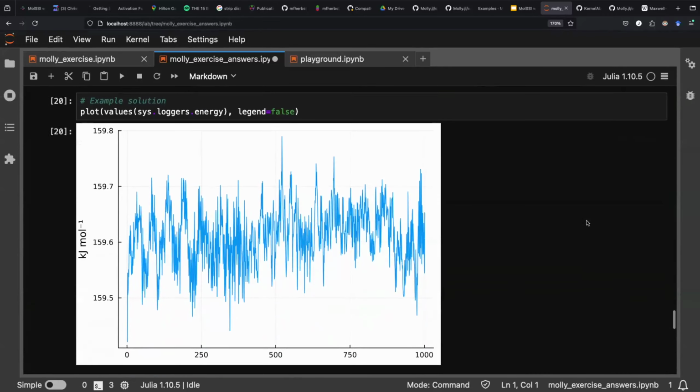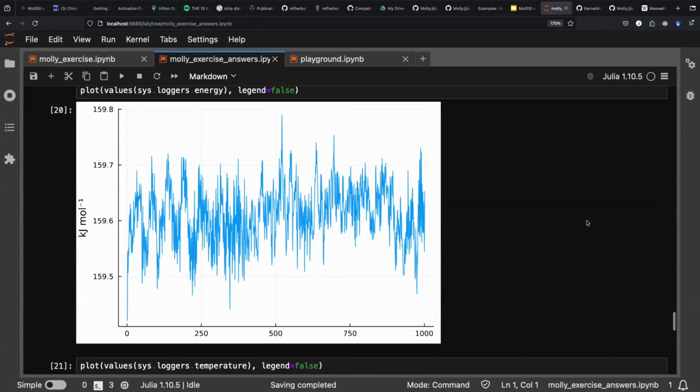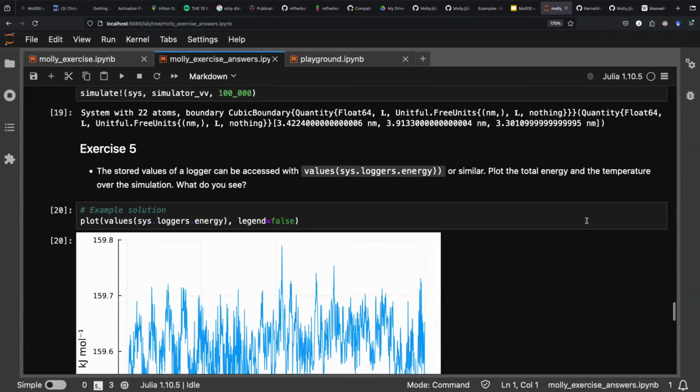So why would we expect this to be fluctuating around a fairly constant value? Not quite, no. It actually relates to your question from earlier about the ensemble we're running in.